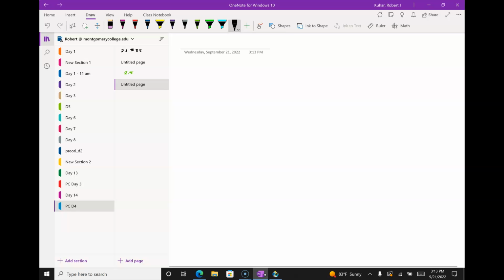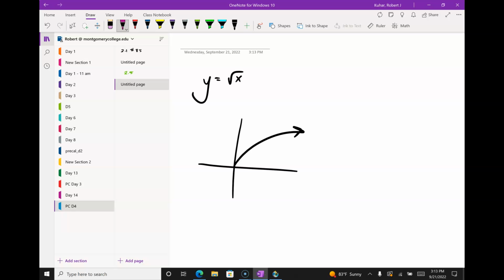So if, for example, I have y equals square root of x, there's that piece. If I reflect on the outside, it's going to take my y values and move them down, right? Do you see that? It's making all my y values be opposite. So this is a reflection about the x-axis.